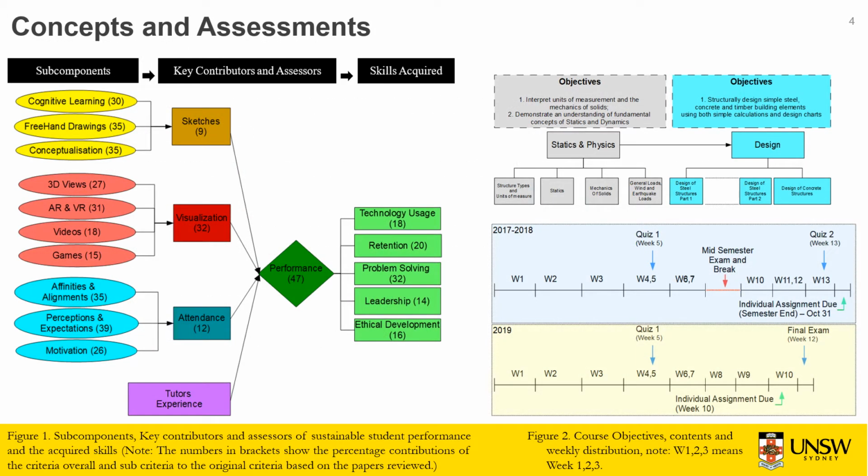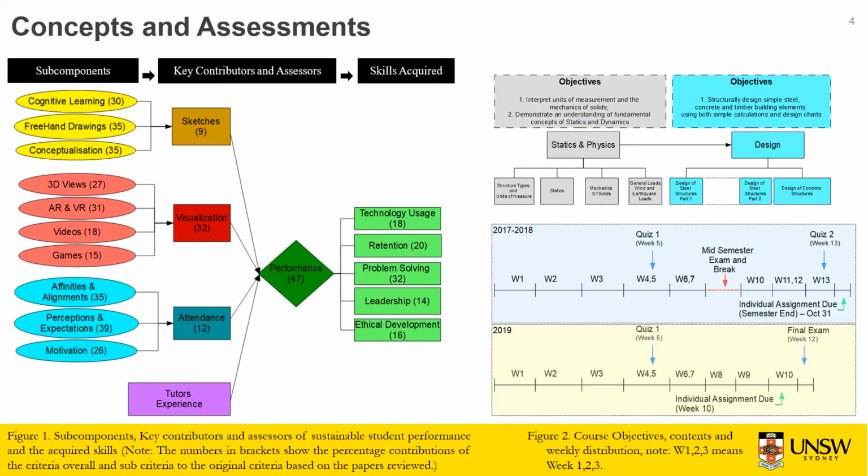So let's discuss the concepts and some assessments that we used in this paper. In terms of the concepts, the four criteria that we used for this paper, that is the sketches, visualization, attendance, and tutor's experience, they do not come from the blue.